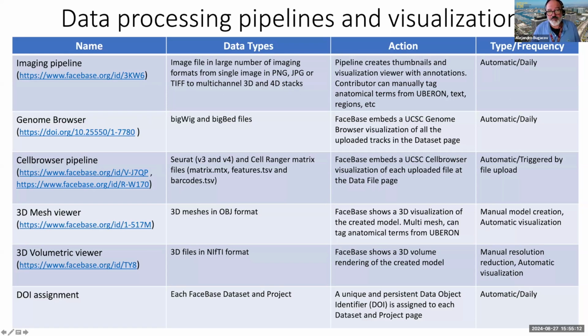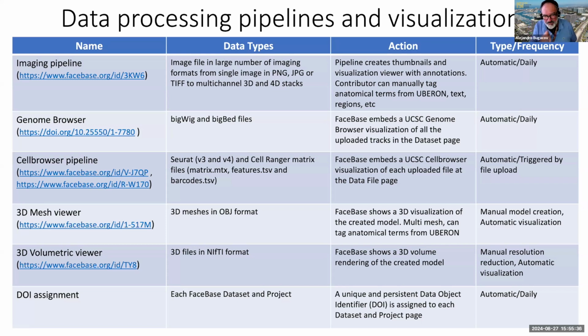We also have a genome browser, which, if I had uploaded bigWig files for RNA sequencing, for example, or ChIP-seq, then I can automatically hook on a genome browser object, and your tracks will be automatically visualized using the UC Santa Cruz genome browser.